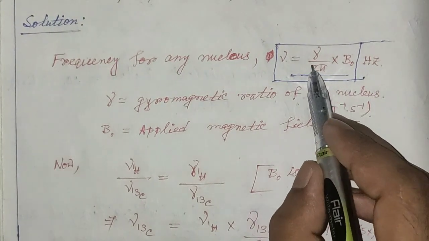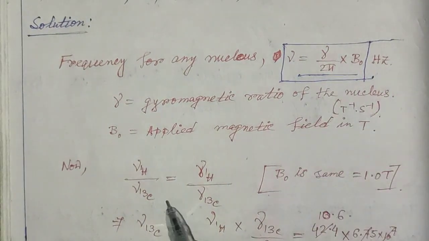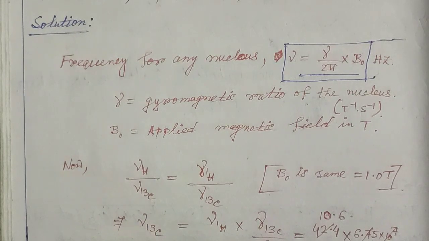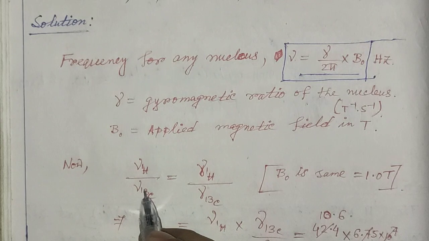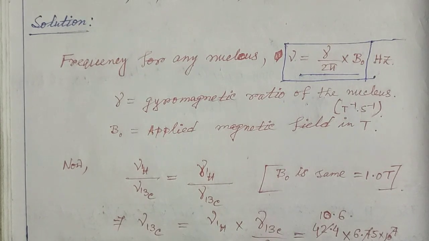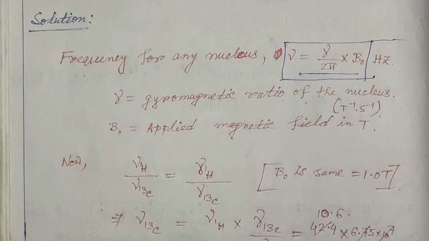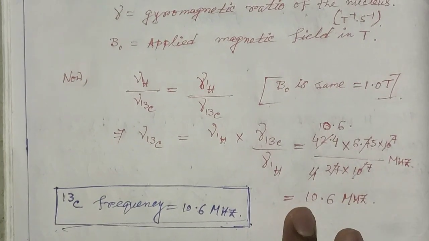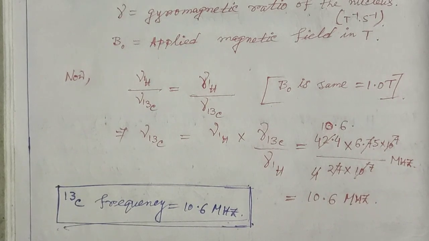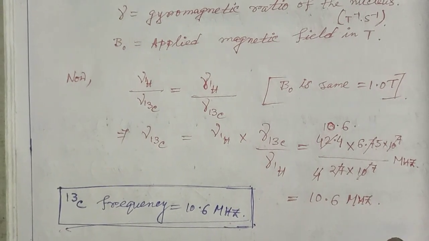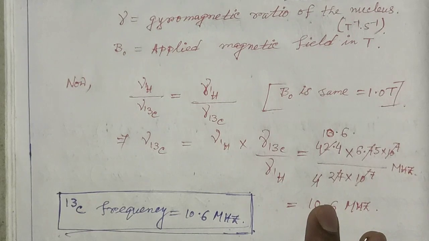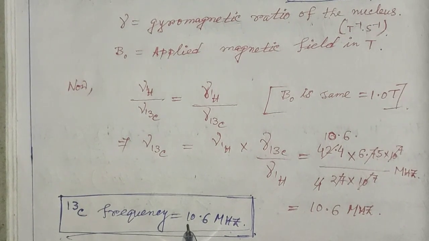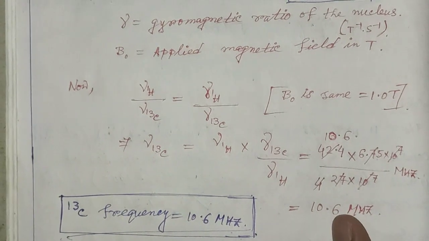If we apply this formula to calculate the frequency for the 13C nucleus, we can see that the value comes to 10.6 megahertz. You can take a screenshot of this page to check whether the calculation is right or not. So the answer is that the 13C frequency is 10.6 megahertz.